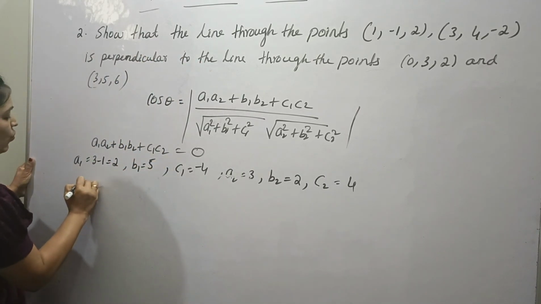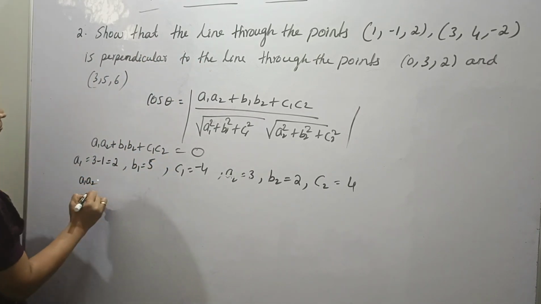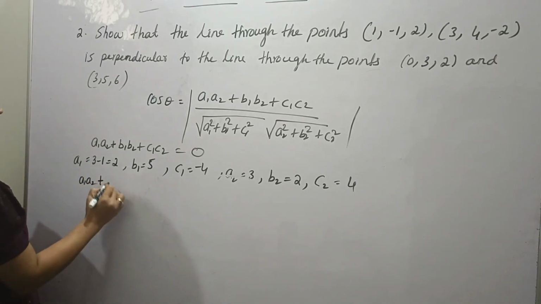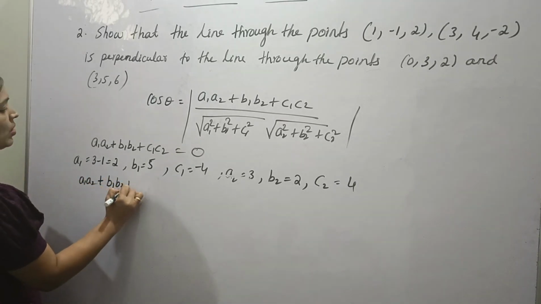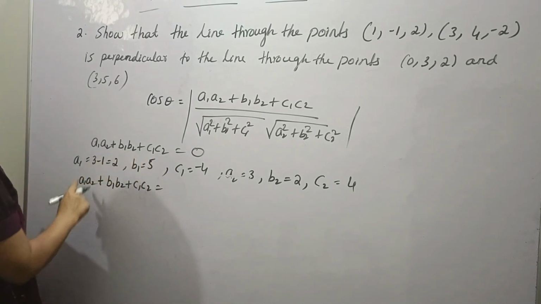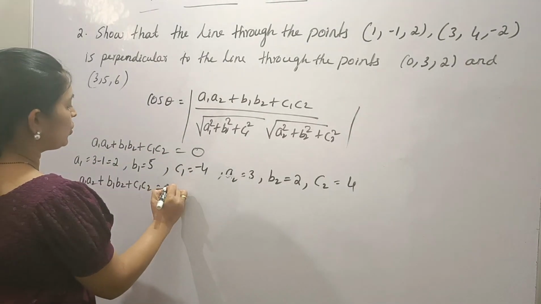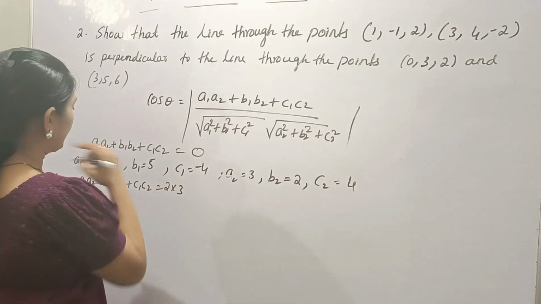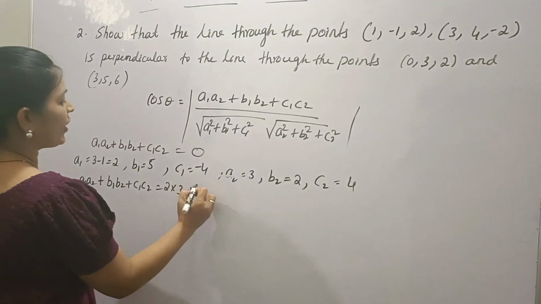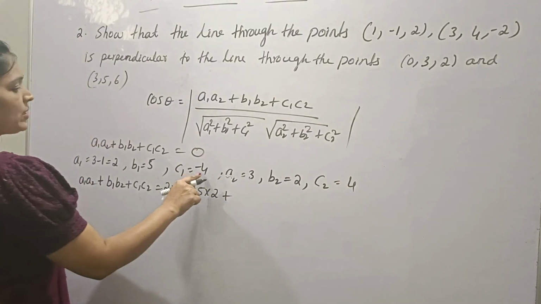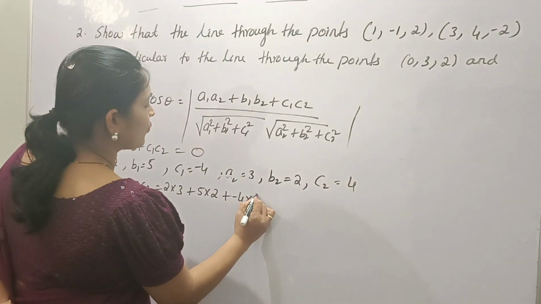Okay. So here what is a1, a2 plus b1, b2 plus c1, c2? a1, a2. That is 2 into 3 plus 5 into 2 plus minus 4 into 4.